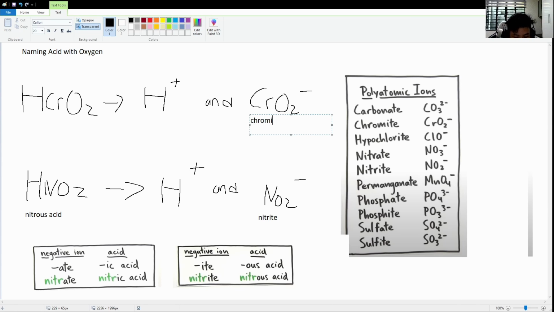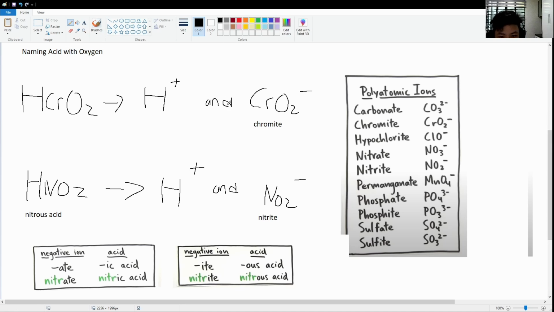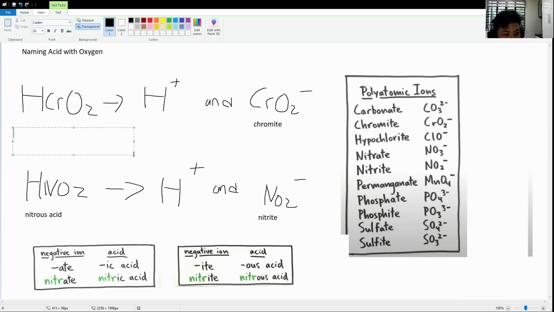Then we're going to take the CrOm, chrom, then add OUS because it's ending with ITE. So HCrO2 is chromous acid.